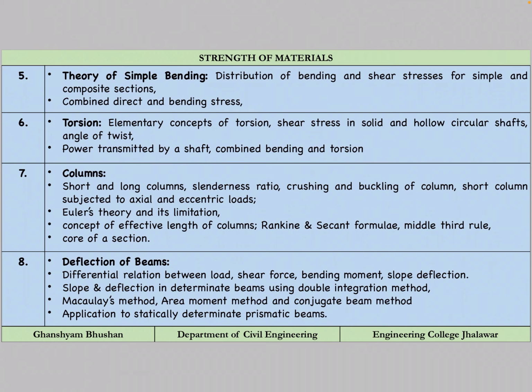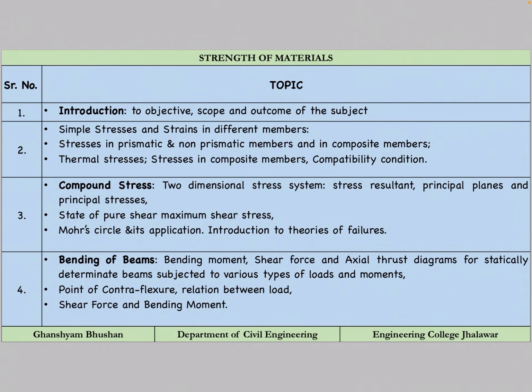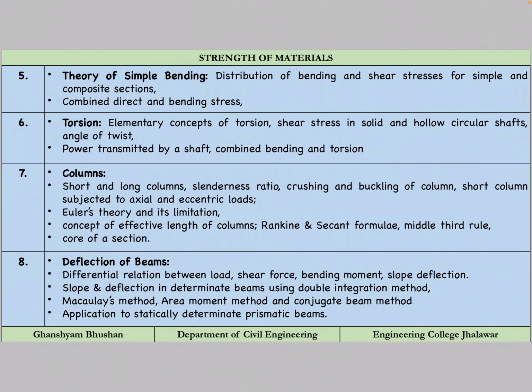The fifth chapter is the theory of simple bending. Here we are going to see the effect of bending. Now we will see what the theory of simple bending is, that is the distribution of bending and shear stress. If a beam is subjected to some bending moment or some external moment, the beam will generate normal stress and shear stress.